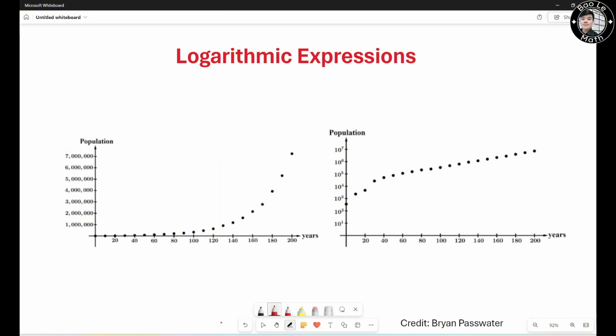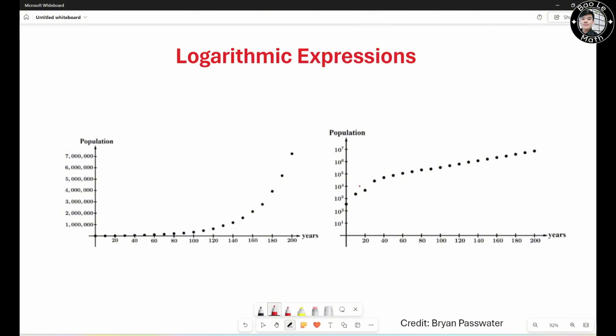Alright, let's move on to the next concept. And this is the population of English Americans in the United States in 1620 to 1820. Alright. The left hand side is the graph with the normal scale on the vertical axis.